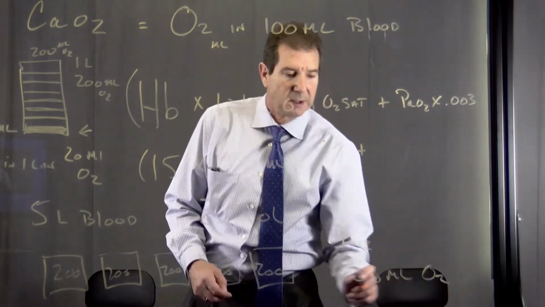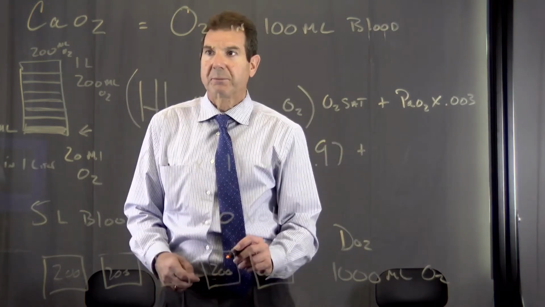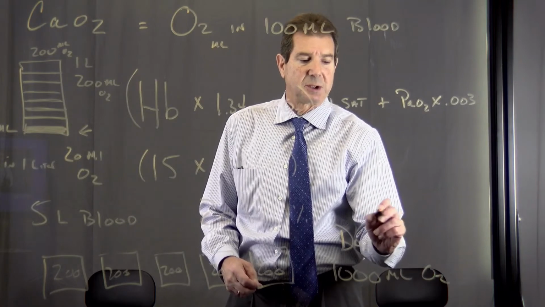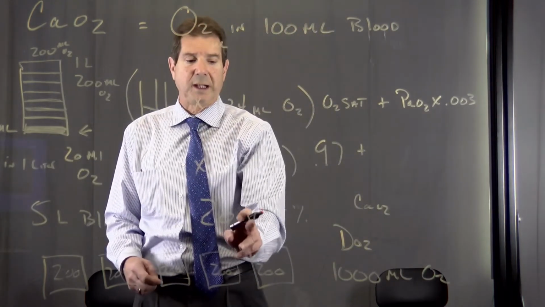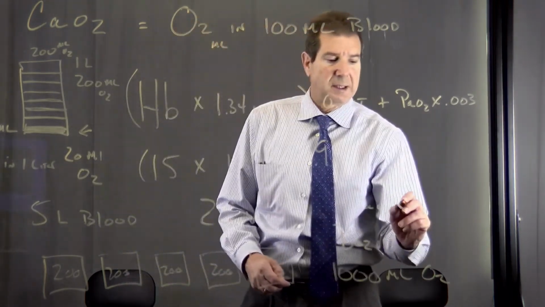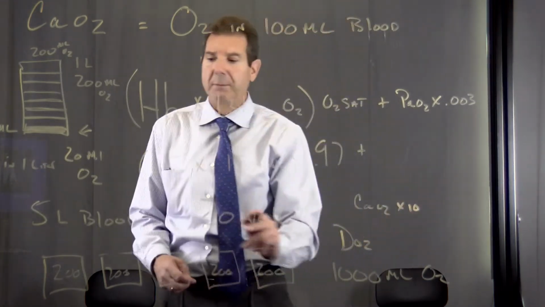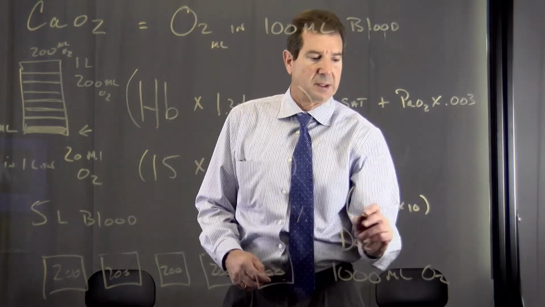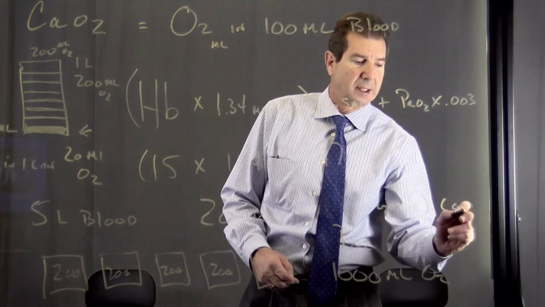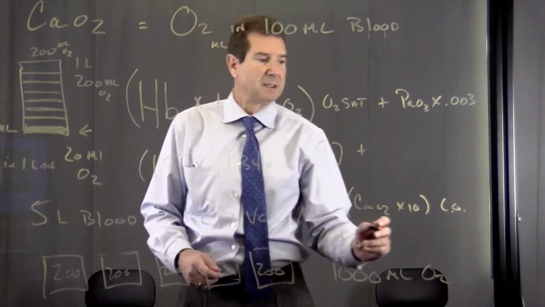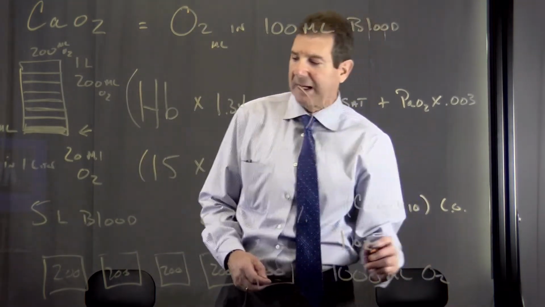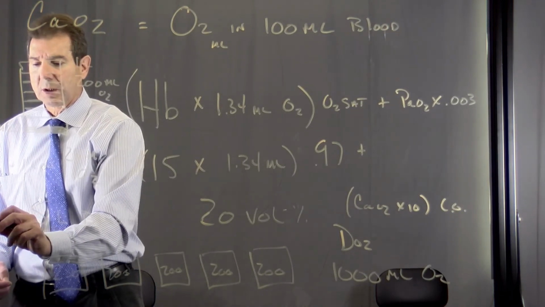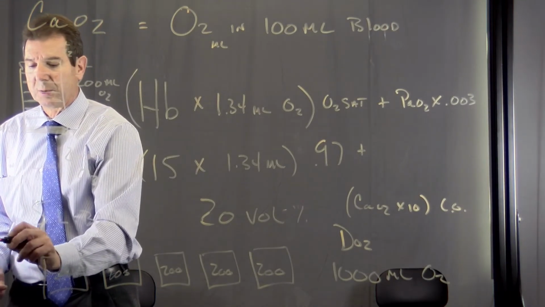because O2 delivery is made up of my content of arterial oxygen, which we just figured out is 20 volumes percent, times 10, which turns it from milliliters to liters, times my cardiac output. And in most cases, that cardiac output is about 5 liters. 5 liters is a normal cardiac output, or QT.